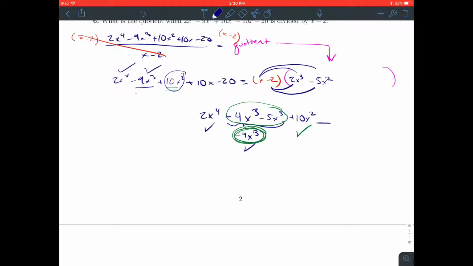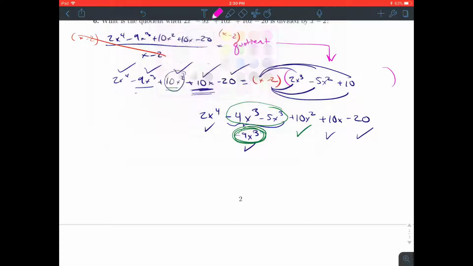So because there's no future term here we need to generate, we can move directly ahead to the next term in the original polynomial and generate that one instead. So 10x squared checks off 10x squared. Now we look at the next term in the polynomial since we're done with 10x squared. X times 10 would give us 10x, and then negative 2 times 10 would give us negative 20. And that's great because everything matches.